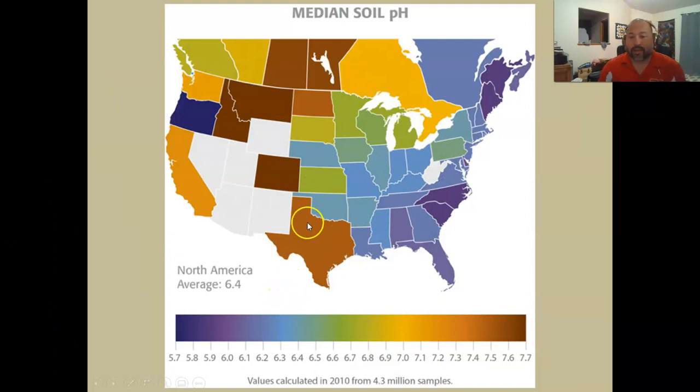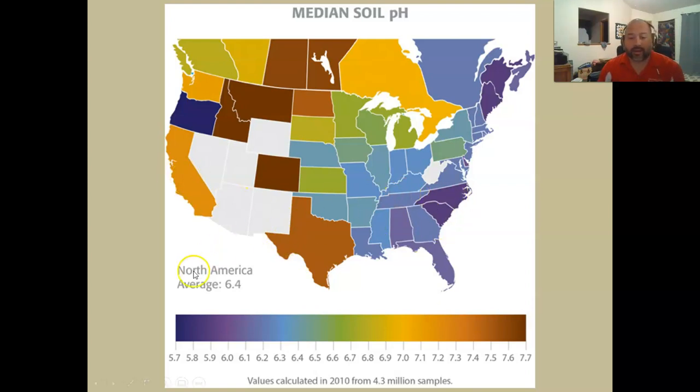So just to give you an idea of what soils look like throughout the U.S., the North American average is about a 6.4. So for North American soils overall, it's a slightly acidic soil. You can see in California here, our soils are actually more towards the basic side, where you're probably somewhere around, give or take, a 7.2, something like that on average.